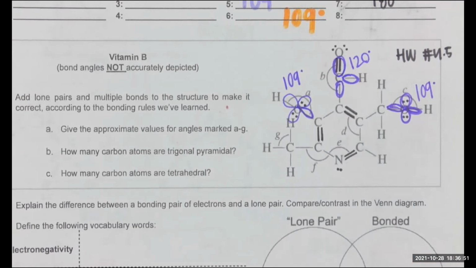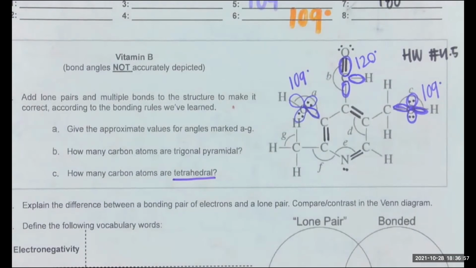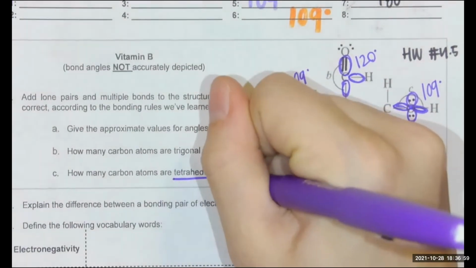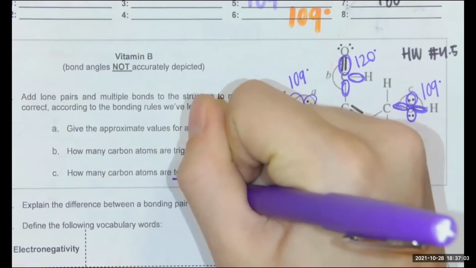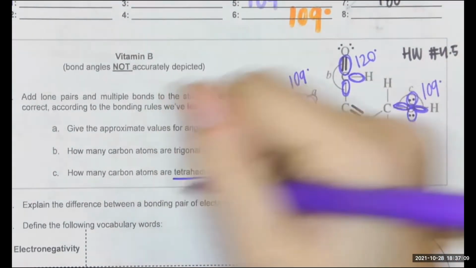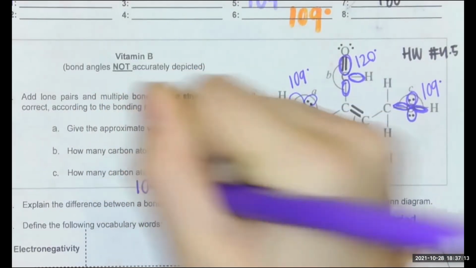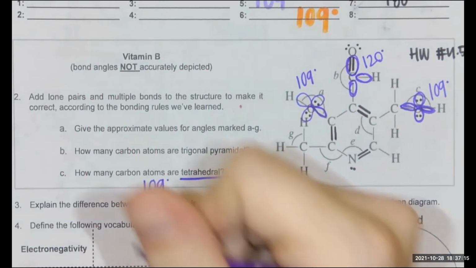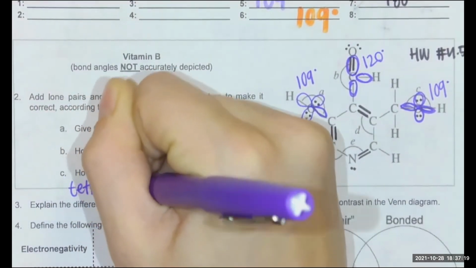Here's the trick. Once you have all of this done, when it asks for which carbons are tetrahedral, tetrahedral being the shape that has 1, 2, 3, 4 things around it, you just have to go back and look and see which carbons are at 109. 109 means tetrahedral shape.